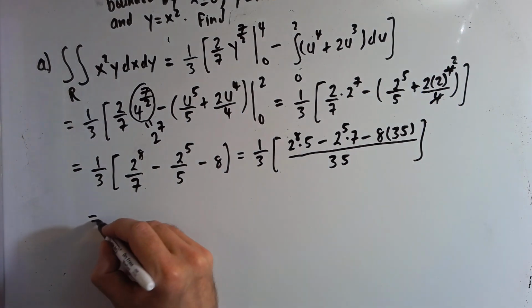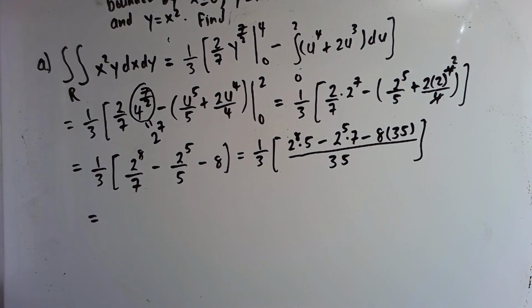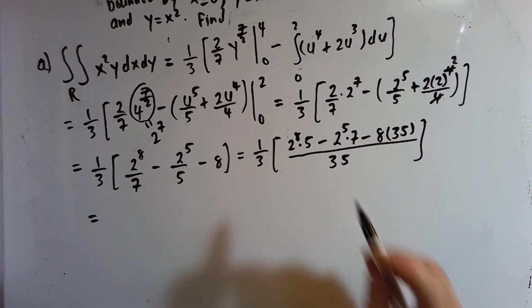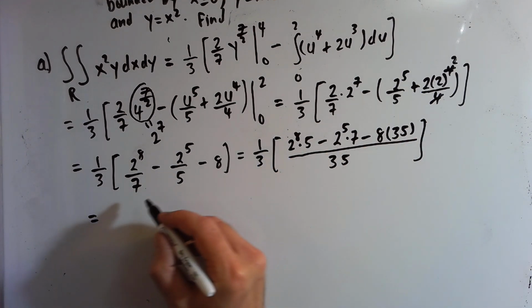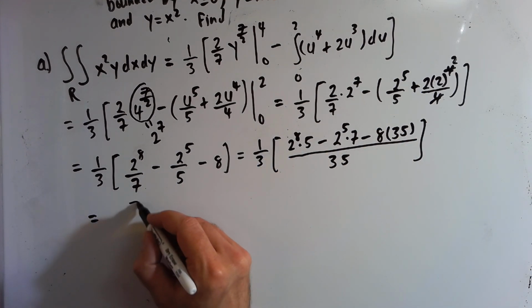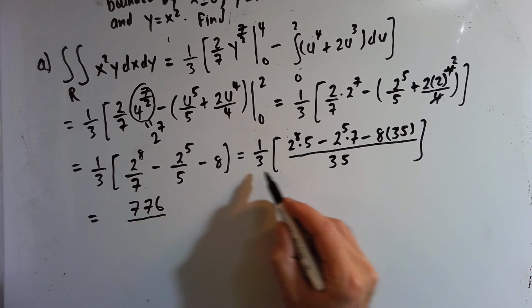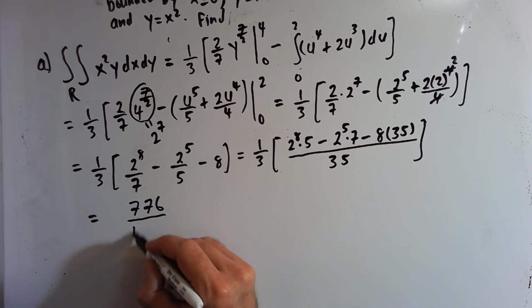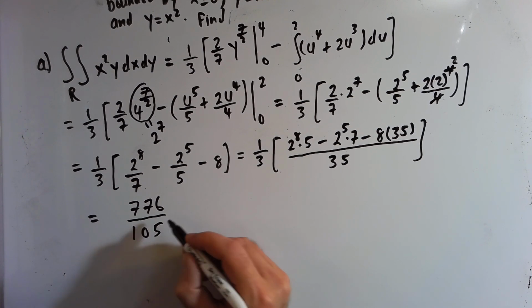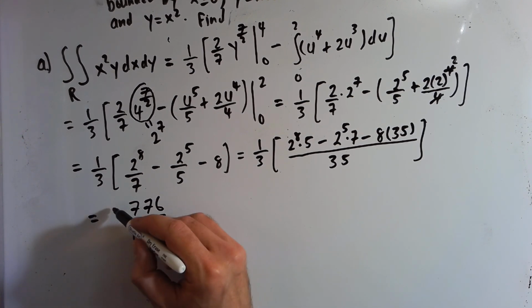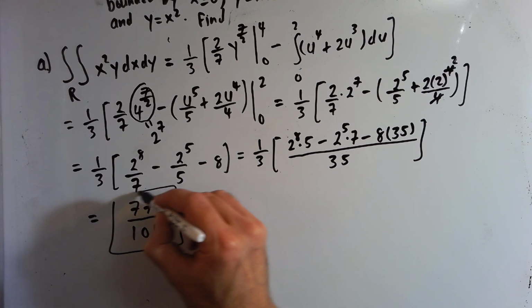Okay, so if you simplify this top up here, you get 776. You'll have 3 times 35, which is 105. So 776 over 105 is our answer.